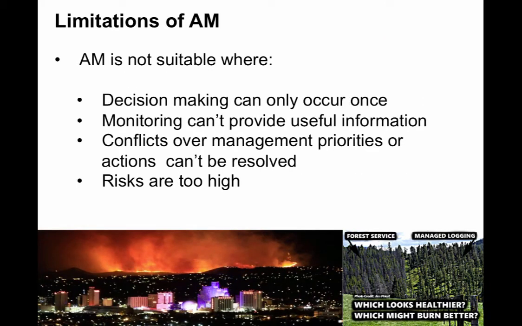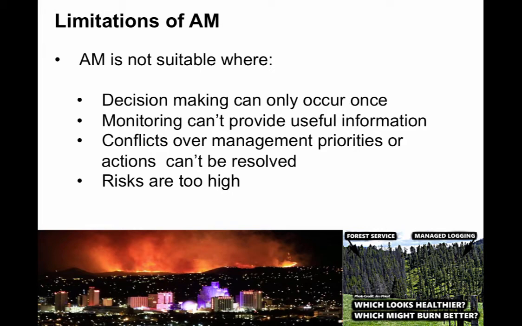There are limitations to adaptive management, and it's important to point out that this is not always going to be our best or only approach. And it's certainly not appropriate where the decision-making process can only occur once. And there are examples where this might happen. So consider a situation where you might be only allowed to go and treat an area or a site once, right? Or the treatment is so intensive or wide-reaching that the consequences are going to be pretty extreme, right?